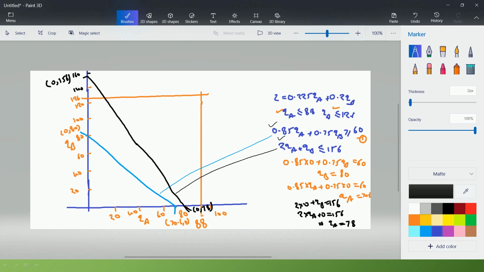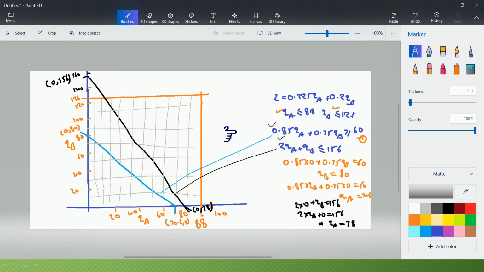Now let me highlight the area. This line says that we have to be below these lines. Now for this equation, this is greater than 60, so the area should be upward. Now for this equation, it should be downward.